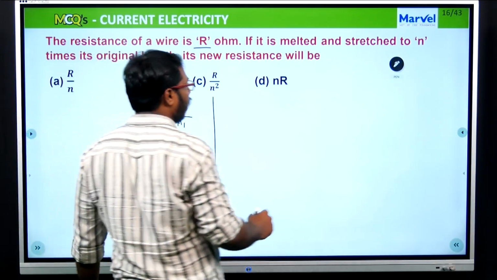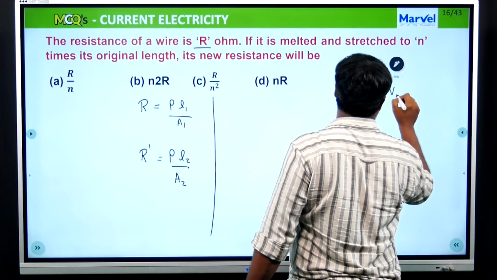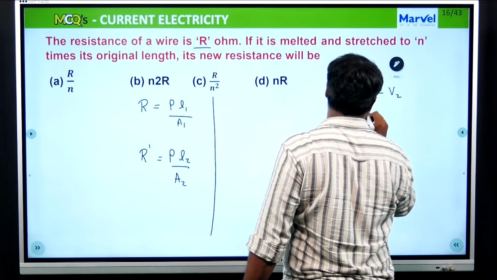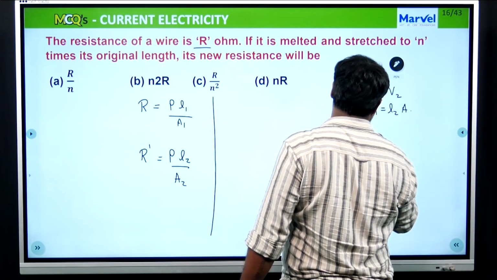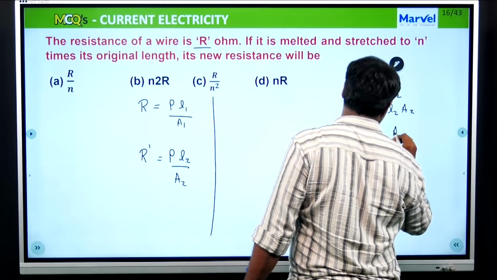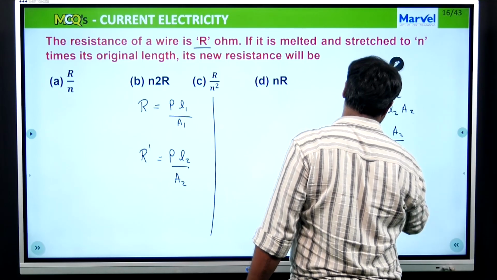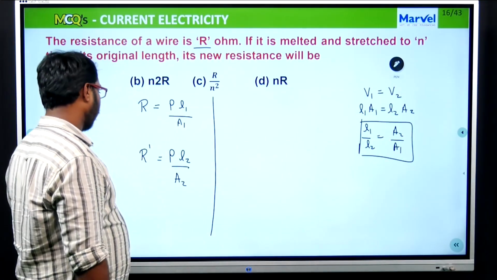We know that the volume is going to remain conserved throughout. V1 is equal to V2, where L1 A1 is equal to L2 A2, and L1 by L2 is equal to A2 by A1. So this is the relationship between the length and the area.